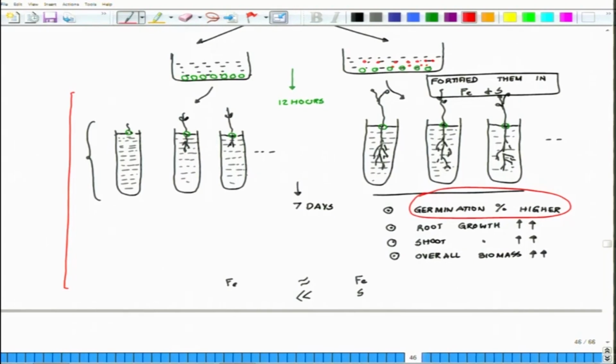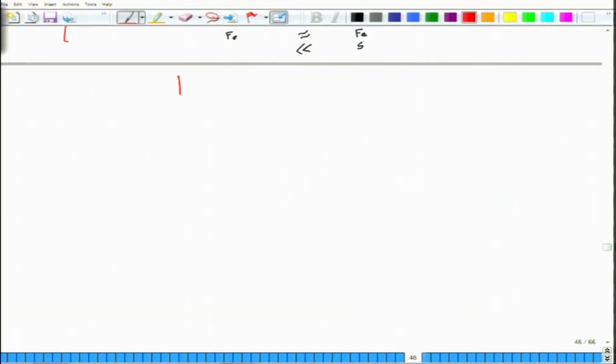But when you do these kinds of studies, the very next question comes. There are two things which come. The first question is, could you translate this to the field, to the farmers? Is it translatable? Second, when you talk about translatability, what is the cost involved?